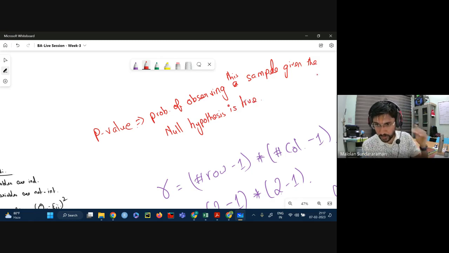So I am telling that the null hypothesis is true, and what is the probability of observing this sample? That is p-value.